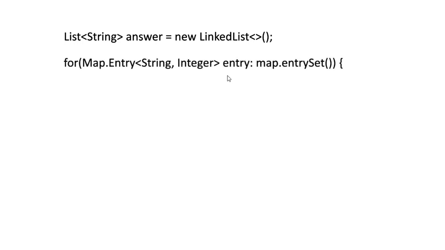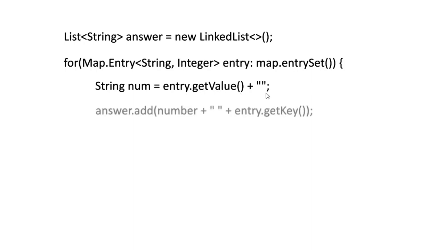I'll call it answer. So for each entry, string, which is the domain, integer the number, we'll call it entry, map entry set. So get each entry in the hash map. So string num equals entry get value. And so we're going to add the number plus a space, and then plus the entry get key.